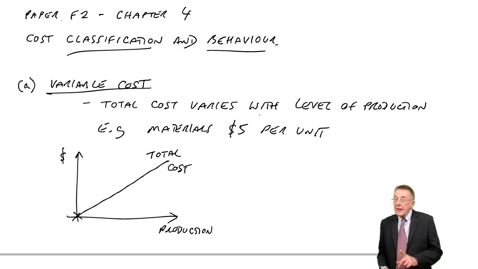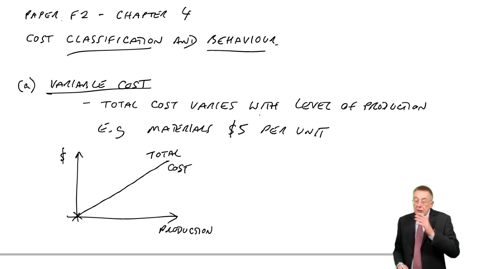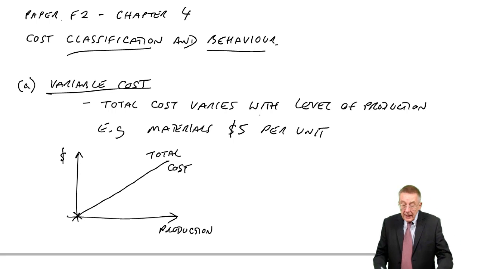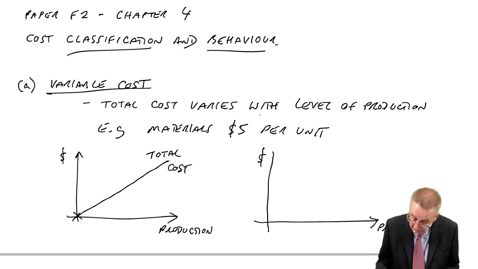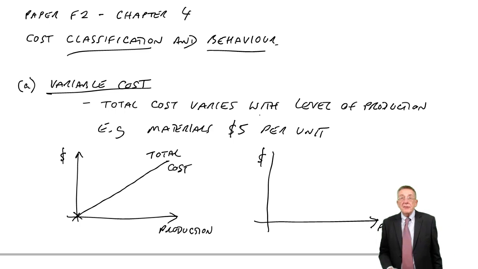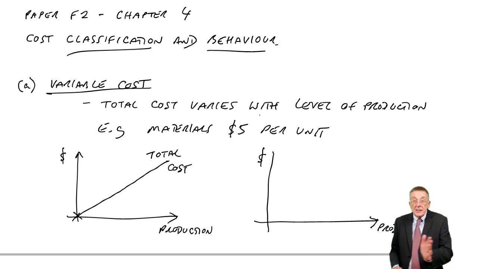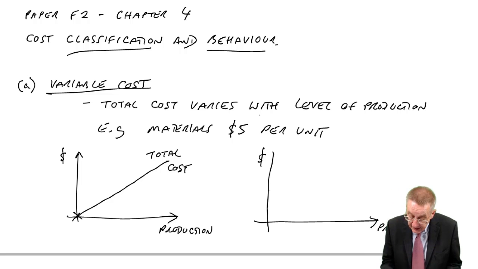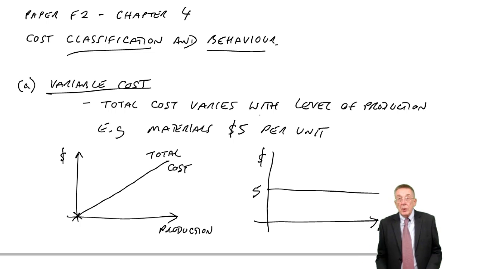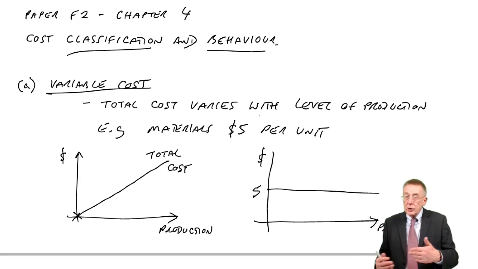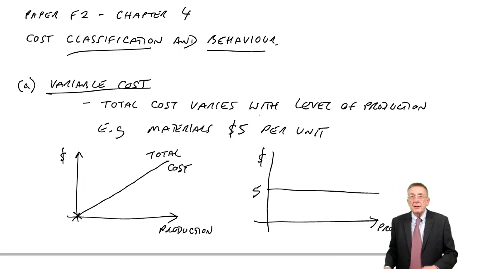And be careful in the exam, be very careful. The total cost you'd expect to go like that, but the cost per unit, surely if materials are $5 a unit, doesn't matter how many we produce, it'll stay at $5. Now, okay, there are situations where the cost per unit could change, if we produced a lot.